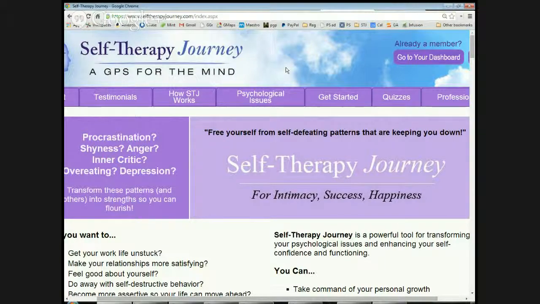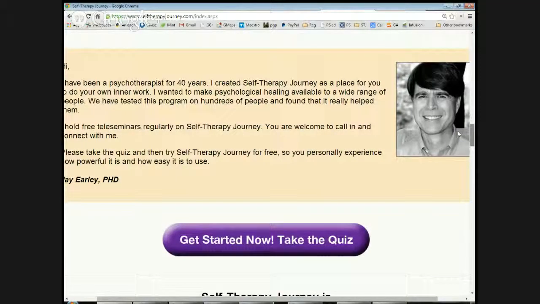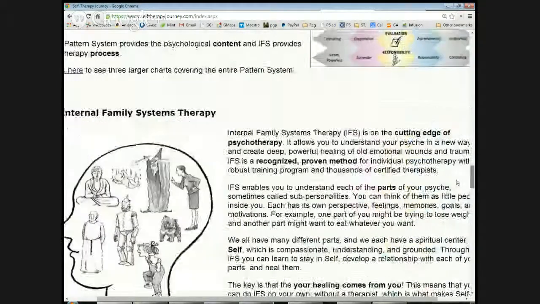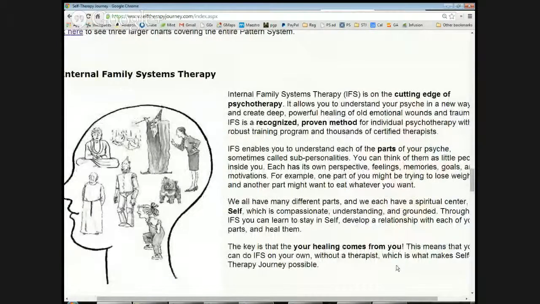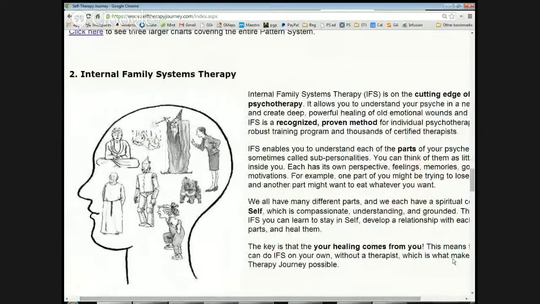You can do fairly deep IFS work on your issues. You can also do a homework practice to help practice changing your behavior. So there's really quite a bit to it. Self-Therapy Journey is partially based on Internal Family Systems therapy, which I was just talking about. I guess I won't say more about that. It's this wonderful form of therapy that is very powerful and also very user-friendly.